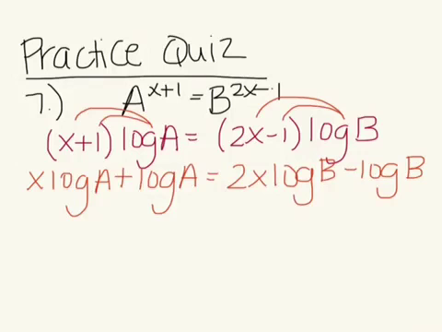Now that everything's distributed, I want to get all of my x terms on the same side of the equation and my constants on the other. Now with this problem, we don't really have constants because everything's a variable, but I'm going to call everything without an x a constant. So I'm going to move my log of a to the right side of my equation.